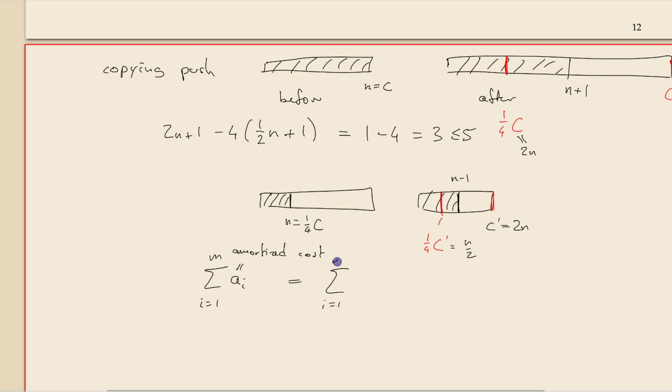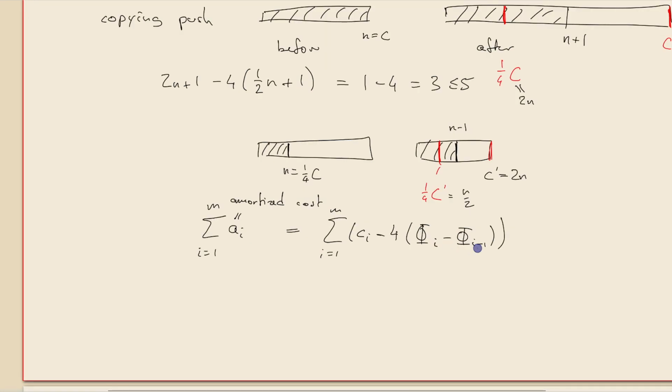So each of the a_i is the actual cost plus the change in potential, minus 4, and we'll just write phi_i minus phi_{i-1}. So that's the potential after operation i and the potential after operation i minus 1.